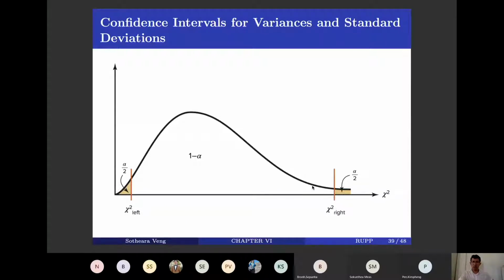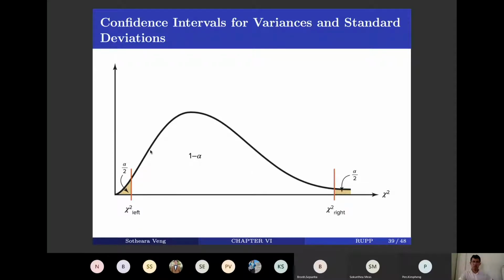By that, because like the t distribution, the chi-square distribution is characterized by the degrees of freedom, right? The degrees of freedom. And unlike the t distribution, chi-square is not symmetric, right?